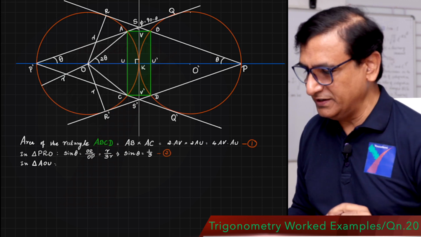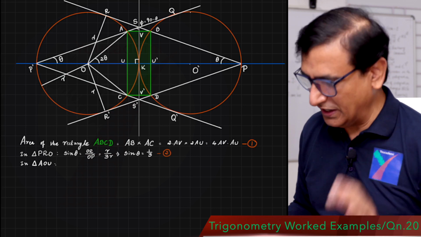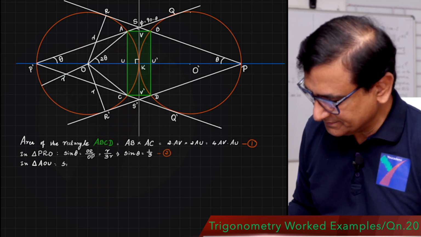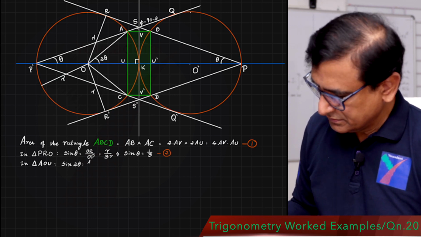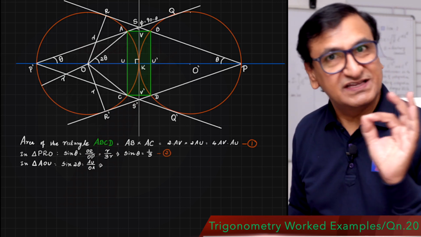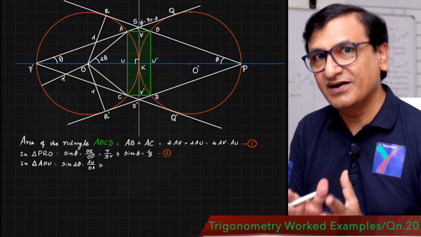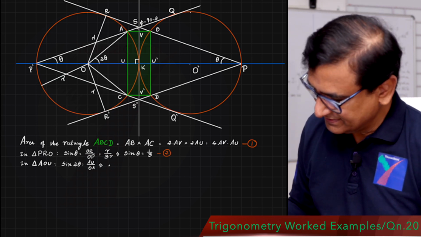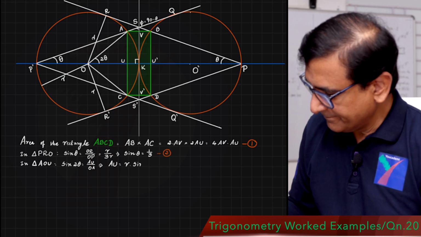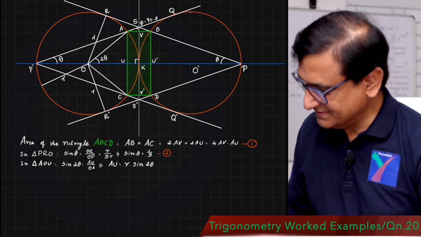Sine 2 theta would be AU, opposite side, divided by the hypotenuse OA. Therefore, AU would be OA sine 2 theta and OA is R. Therefore, AU equals R sine 2 theta. Let me call this equation number 3.